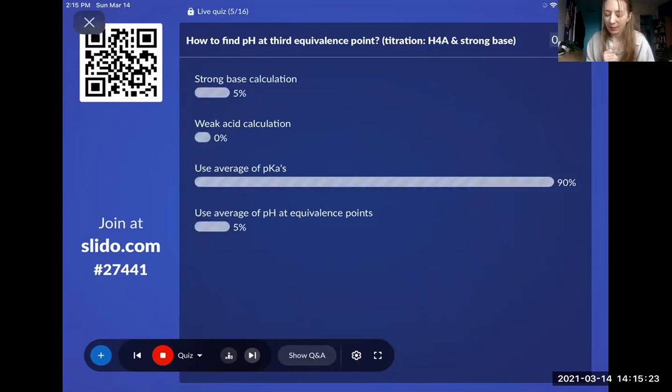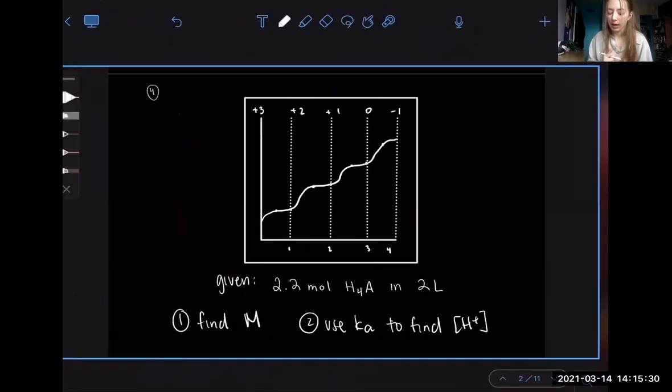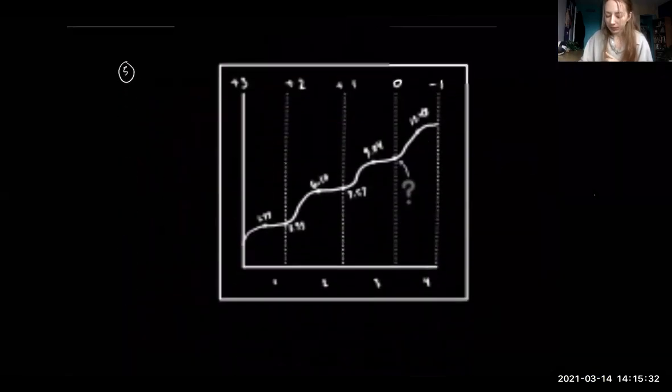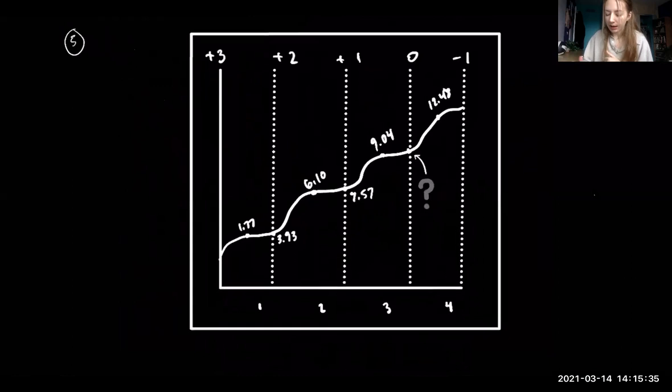Okay. We are not going to be looking at the averages of the equivalence points, only the average of the pKa's. And so if we take a look here, I kind of set that situation up. We don't know what that question mark is.